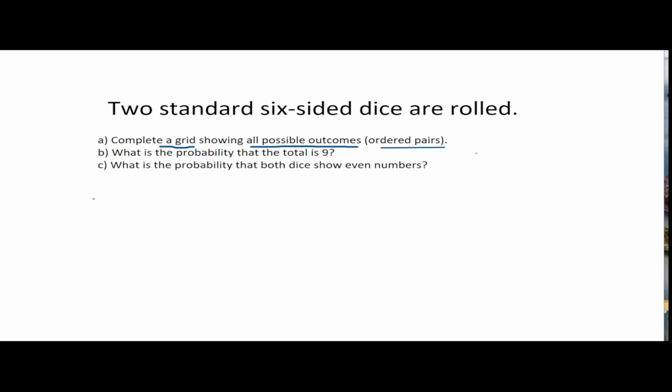Well, first thing we need to ask is, are these independent? And the answer is, yeah, they are. If you roll 2 dice, so you're playing a game of craps in a casino where you roll 2 6-sided dice, they are independent.